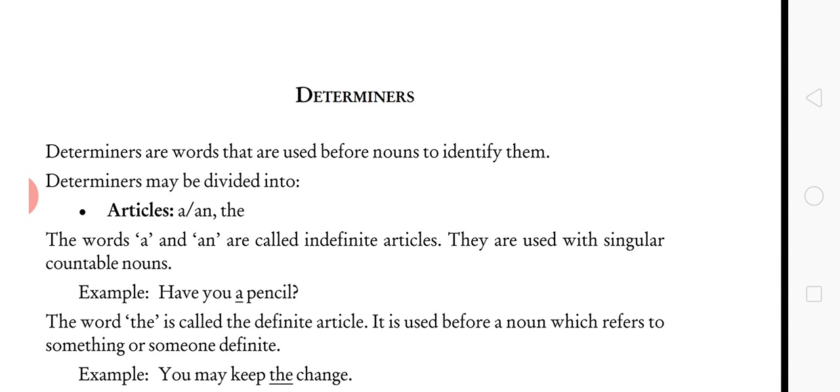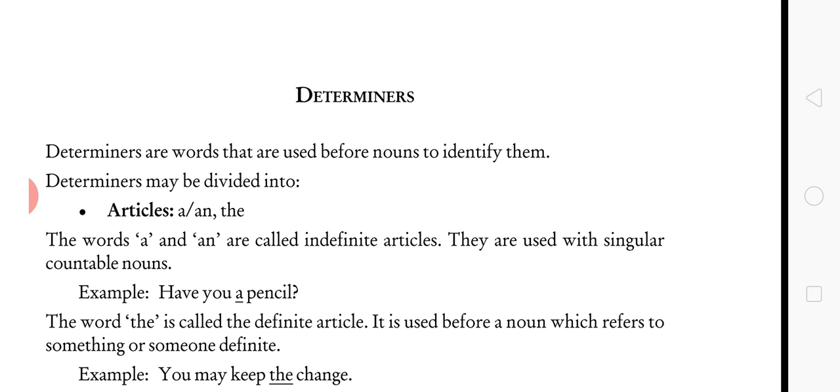These are some singular countable nouns. We also use a before such vowels which give the sound of a consonant. Let's understand it with examples: a European, a union leader, a one-eyed man, etc.